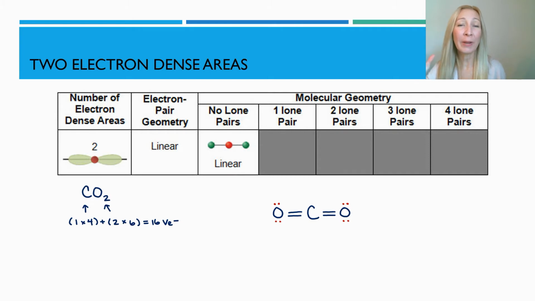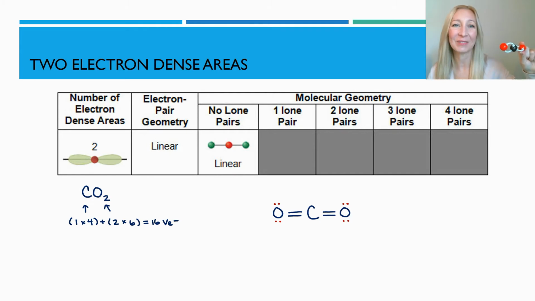Now, the lone pairs participate in the movement and the shape of the molecules, but the molecular geometry will only identify what that molecule is doing and what it looks like with the bonds. So we have the electron pair geometry, which is the bonds and lone pairs, and we have the molecular geometry, which accounts for the lone pairs, but doesn't exactly describe the shape of the molecule with the lone pairs.